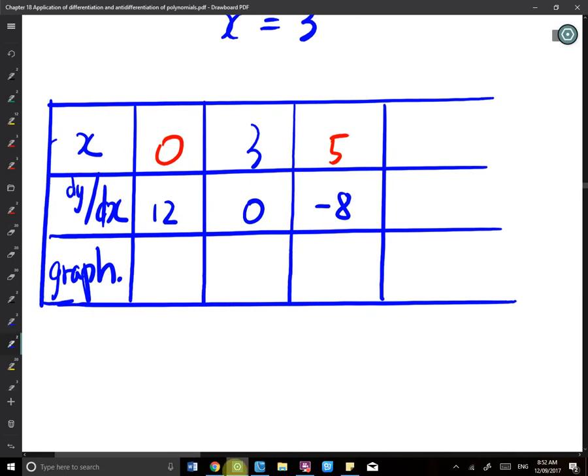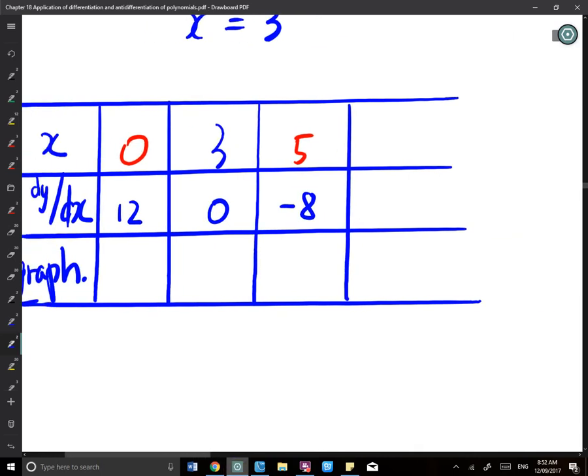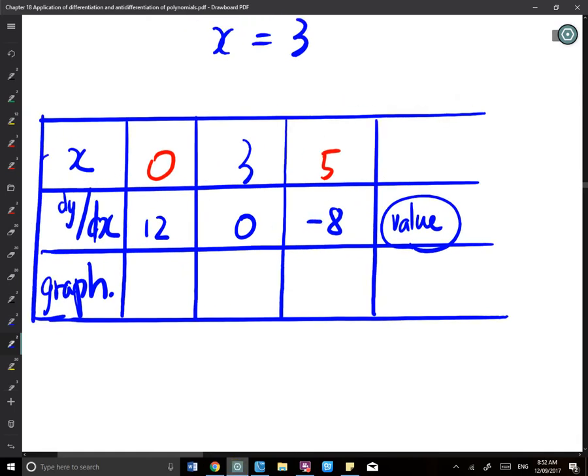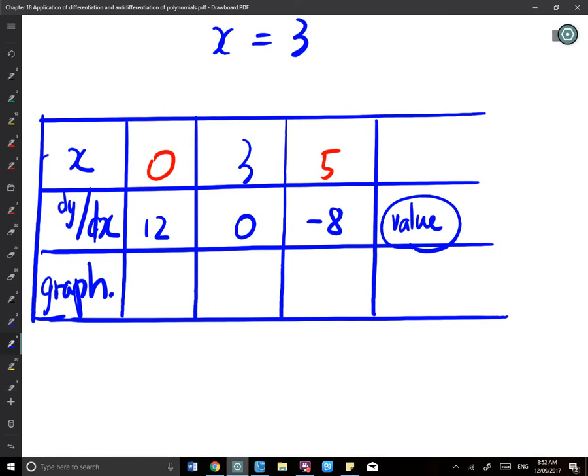Make a note here: the second row must have values. I'm not sure if you learned that outside, like at a tuition center, before I started this topic. But according to the VCAA report, the second row must have values. Some teachers may say you can write just positive or negative, or just put a plus or minus sign. What I want to see is whether it's a positive gradient or negative gradient.